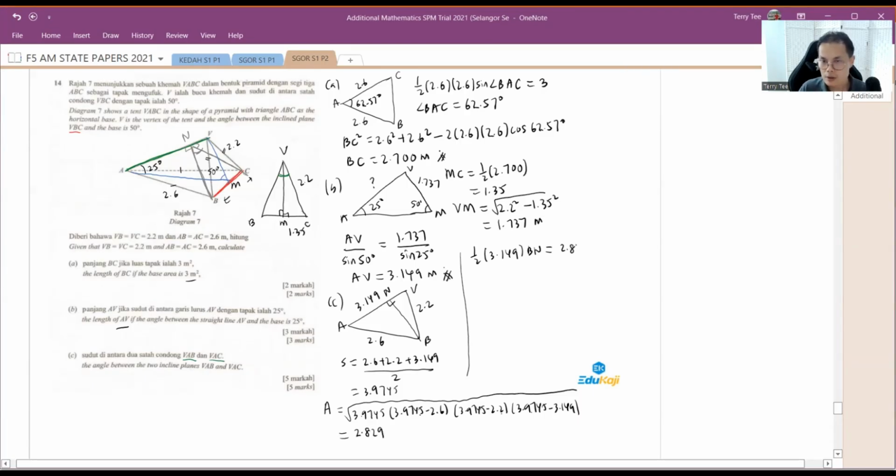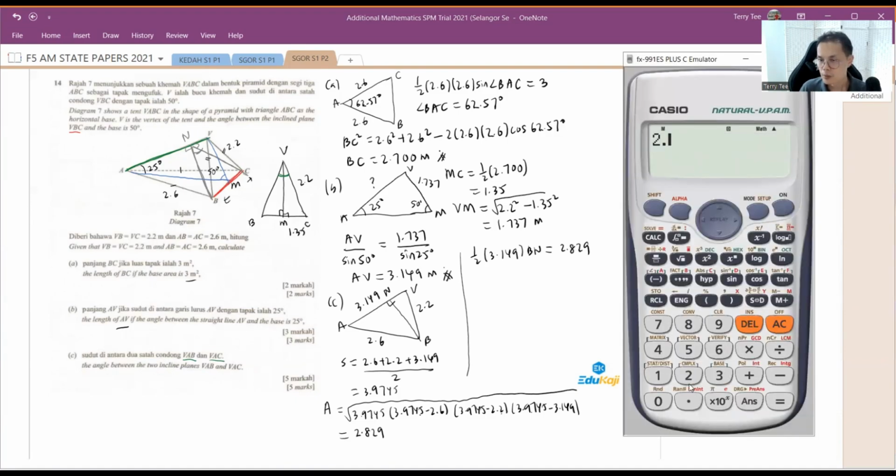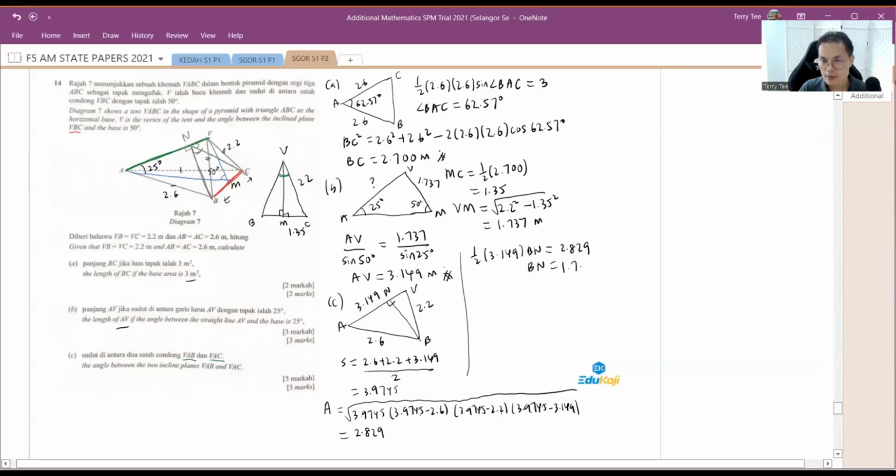Let's take 2.829 times 2, divided by 3.149. I got 1.797. BN is 1.797.